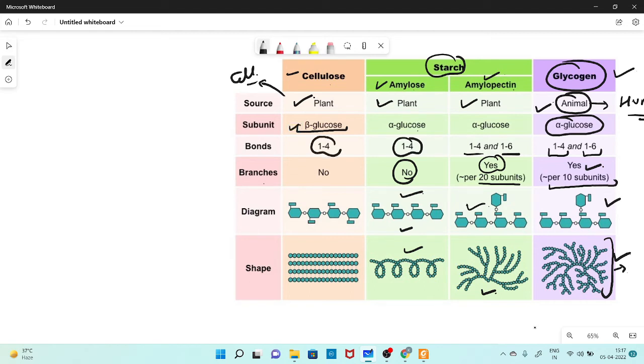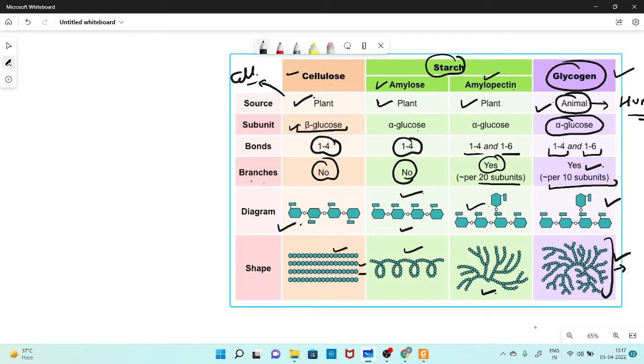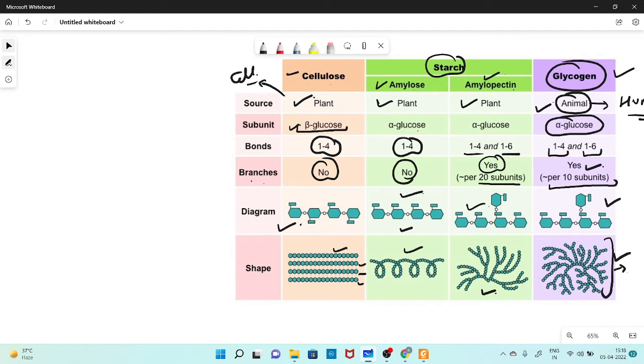Bonds are 1,4. Branches: no, there is no branching, right? It is aligned like this and has a sheet-like structure. These are the shape of cellulose, and the same shape would be for the chitin polysaccharide also, right?